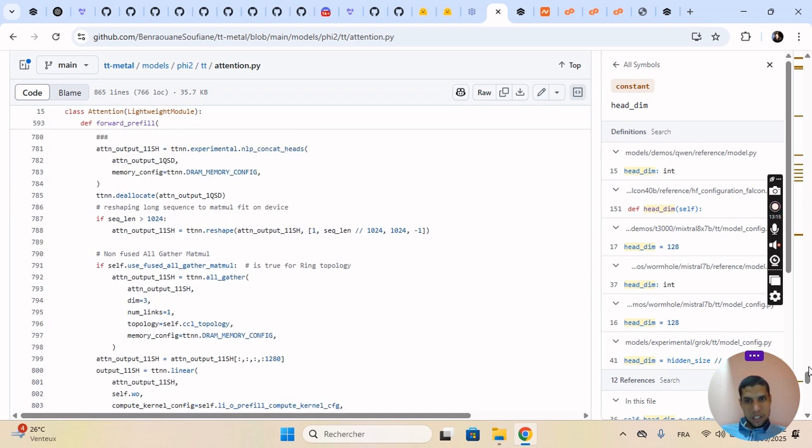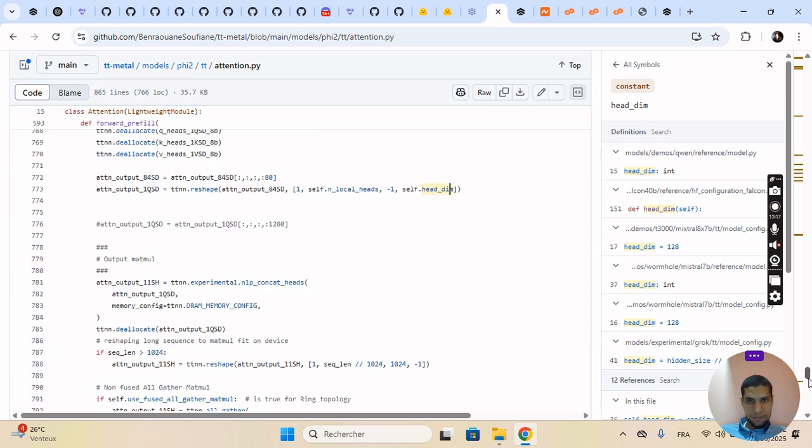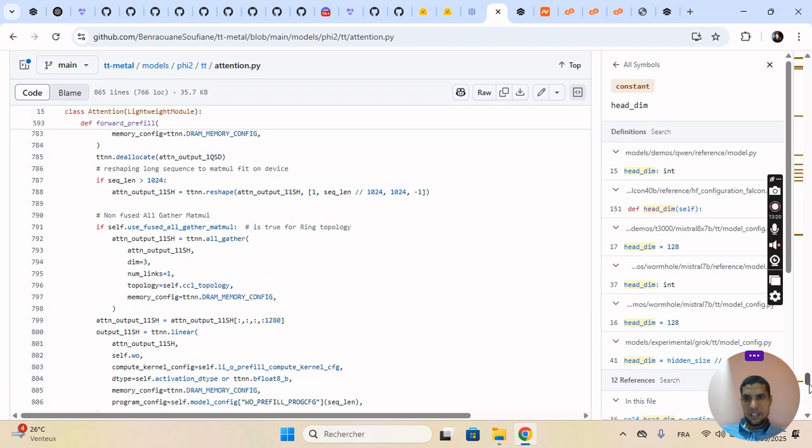Concatenating heads outputs a pretty long tensor, which I split to only what I need, which is required for the linear itself.